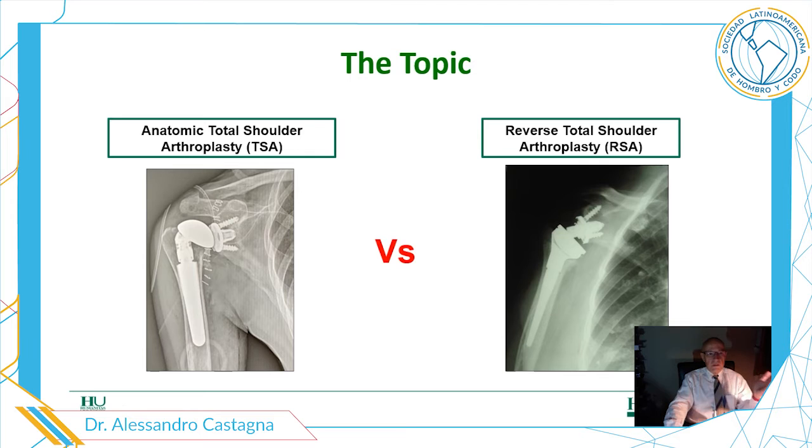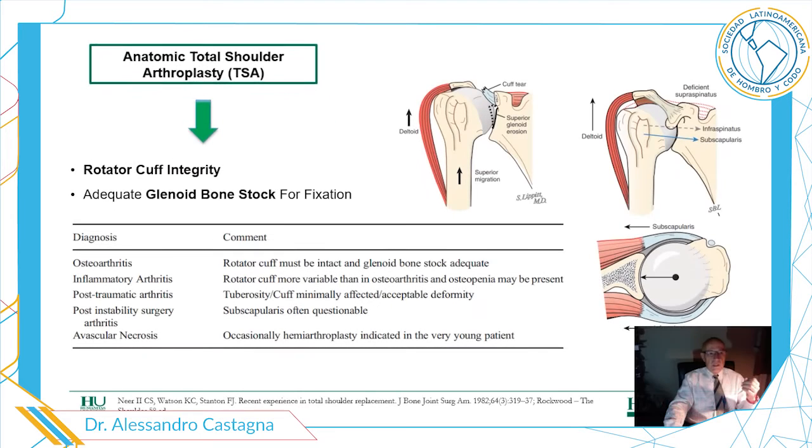Now, total shoulder versus reverse. Let's start with the total shoulder. To get good results with the total shoulder arthroplasty, we need to have rotator-cuff integrity and a good glenoid bone stock, especially after instability surgery with arthritis, and check the subscap. That is crucial.